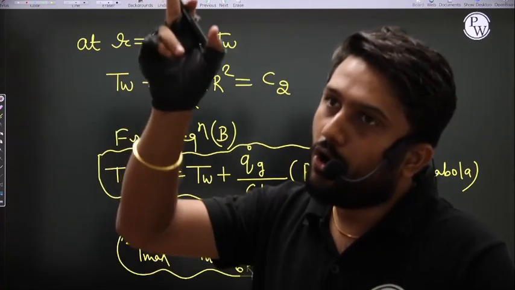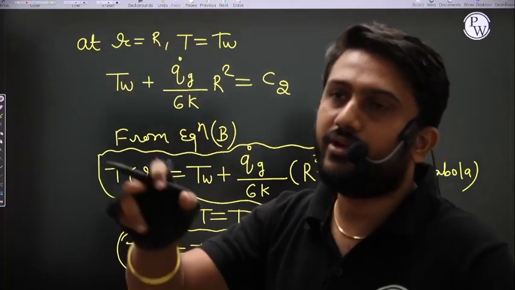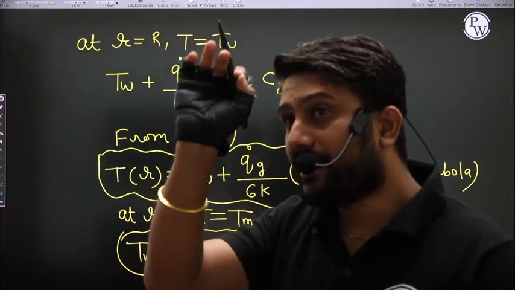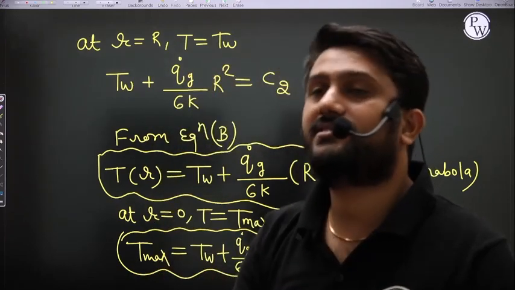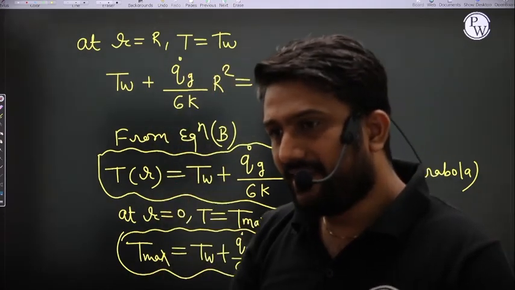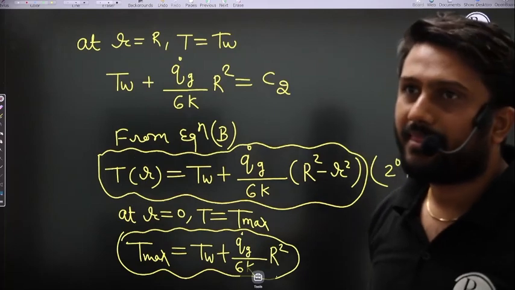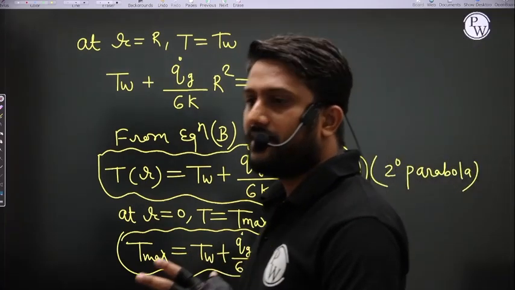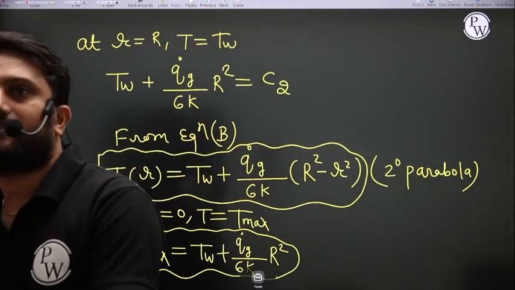Same as the hollow cylinder with uniform internal heat generation, that I already discussed. So you can say there is analogy between the cylindrical coordinate system and the spherical coordinate system.